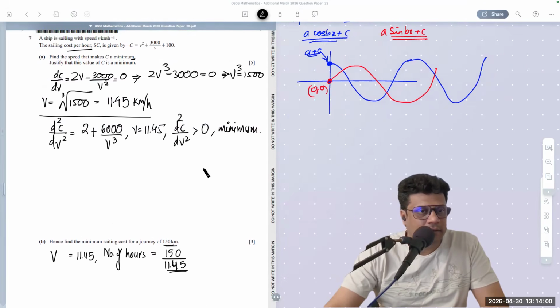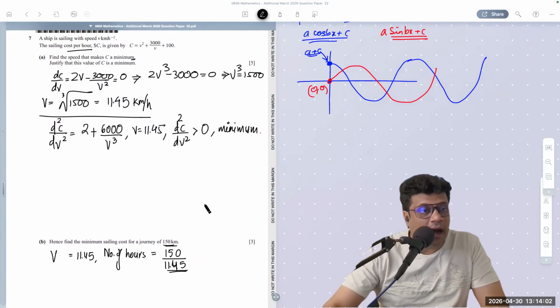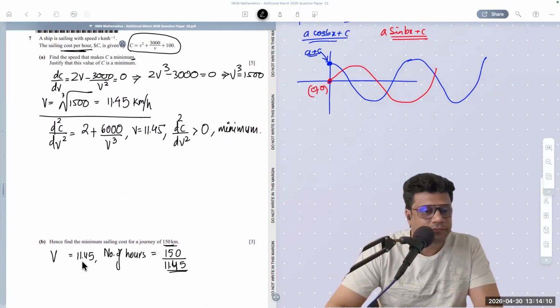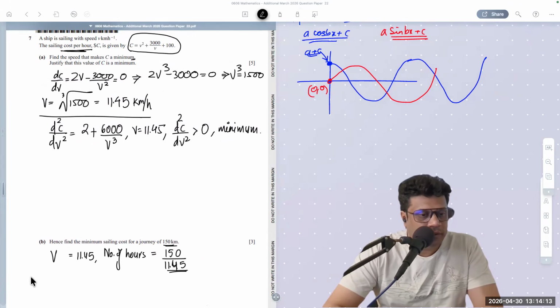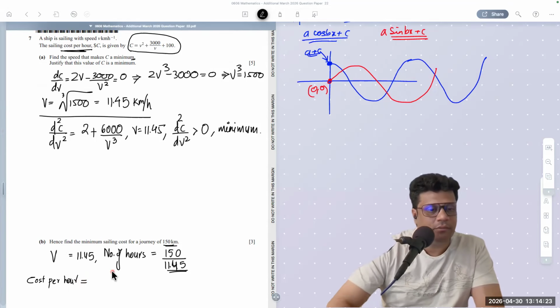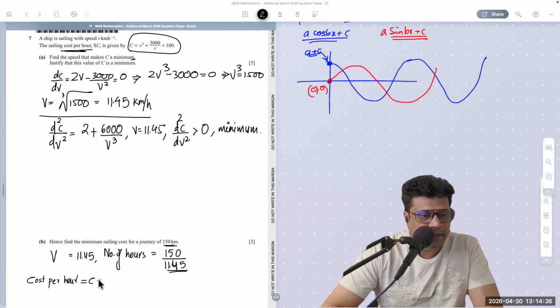And I know that every hour that I go takes me this amount of money. Okay. So cost per hour is equal to C, and it's given by V square plus 3000 divided by V plus 100.